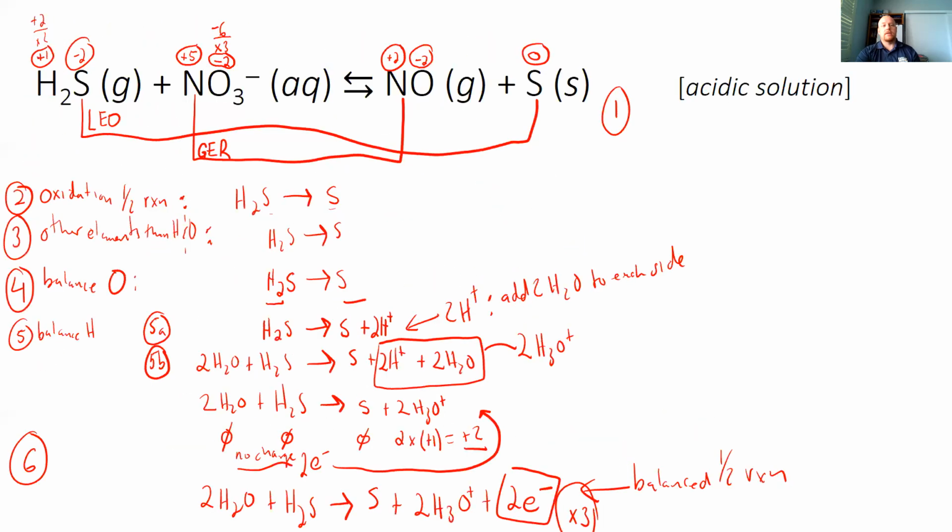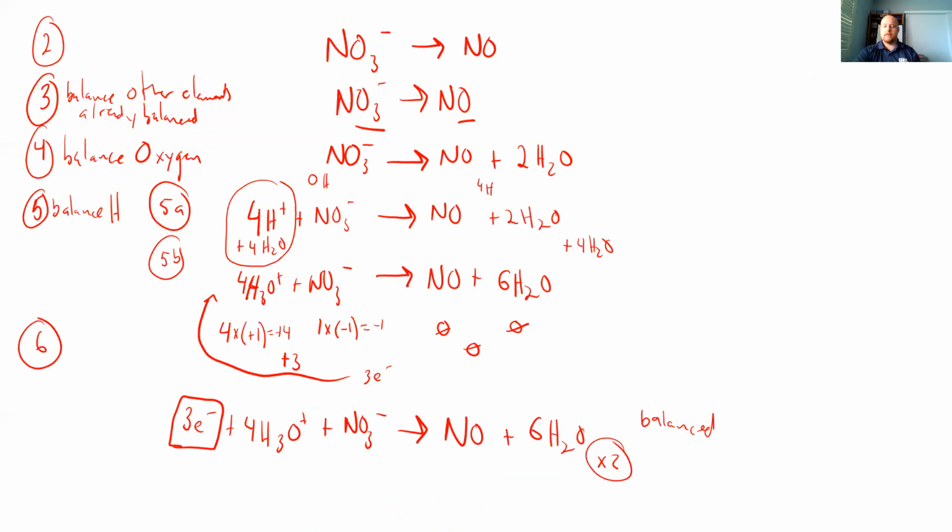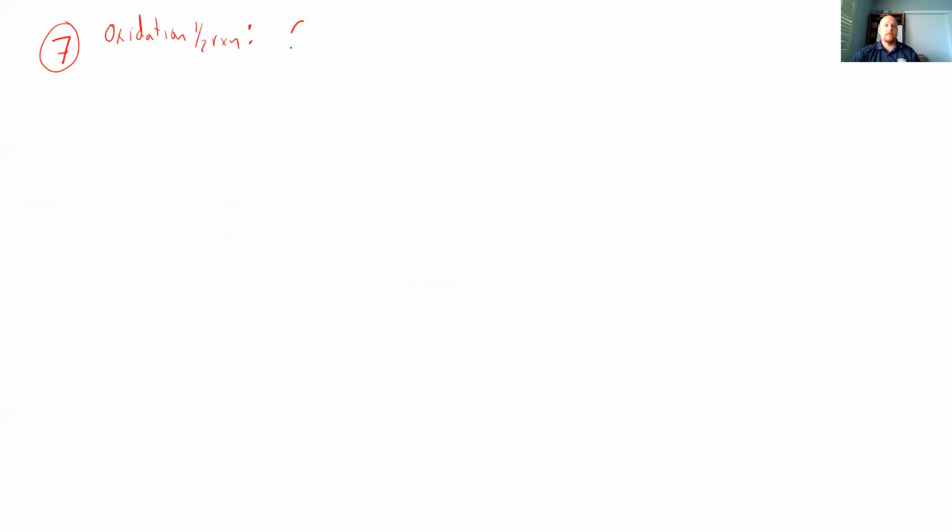Okay, and so for step 7, we're going to take our oxidation half reaction. Again, this is when I multiply these, so I'm going to go back up to my oxidation. So I've got 2 H2O plus H2S. Well, that should be 6 waters and 2 dihydrogen sulfides. And here's where I'm actually going to start to put my phases in.